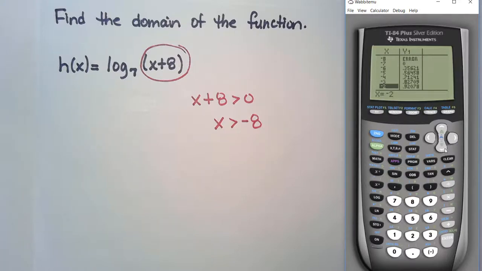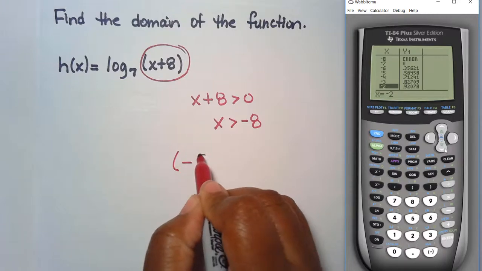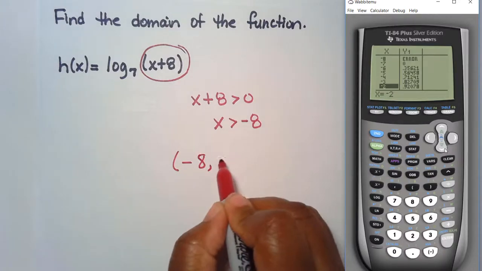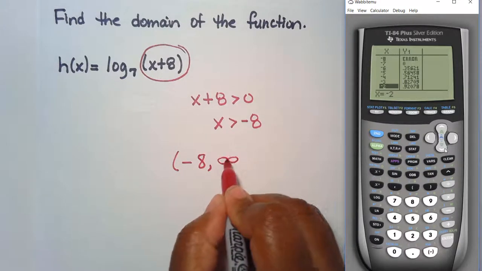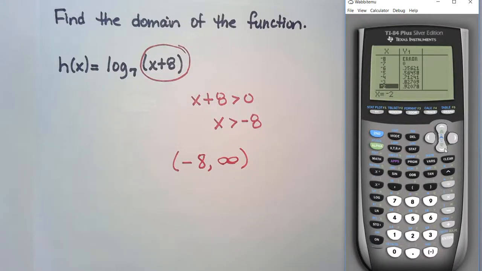So when we set our domain, it will be from -8 to positive infinity. Since we're looking for the domain, we go to the right, and look at how this graph behaves here.